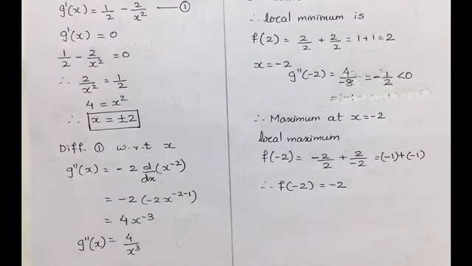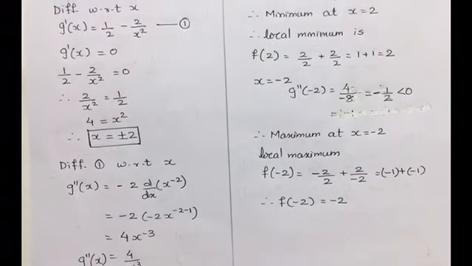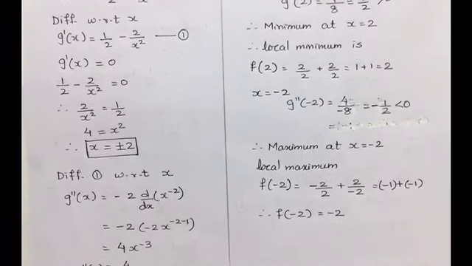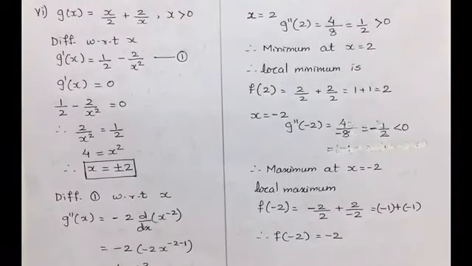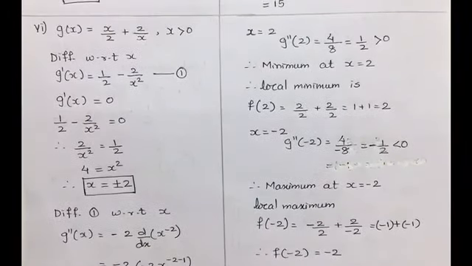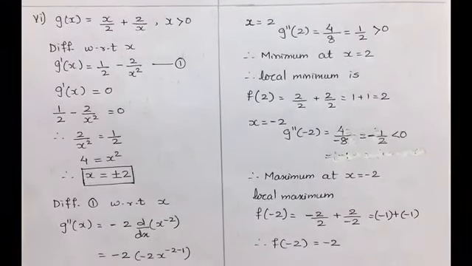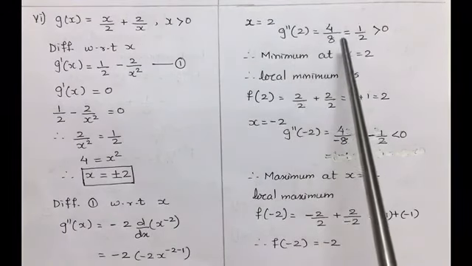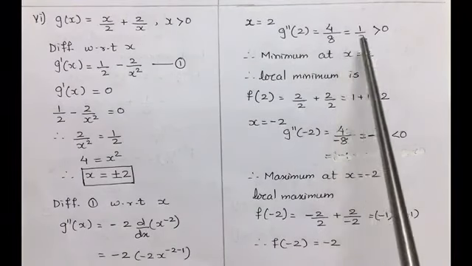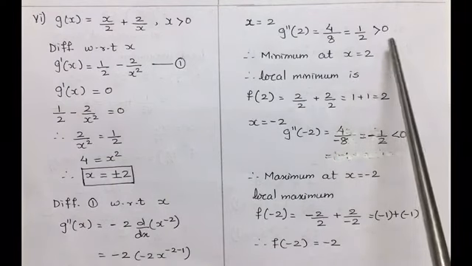Now we have the second derivative value, that is 4 upon x cube. Now taking x equal to 2 and keeping it in the second derivative, we get 4 by 8, that is equal to half, which is positive.